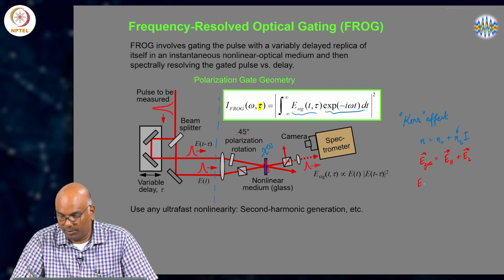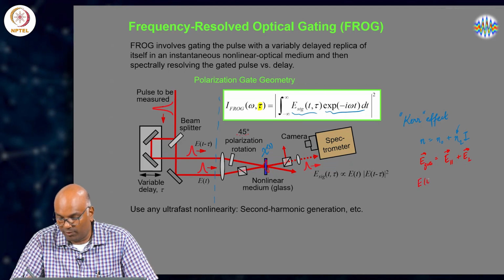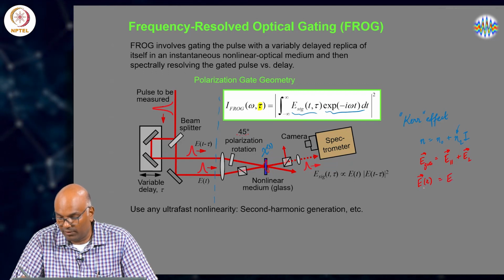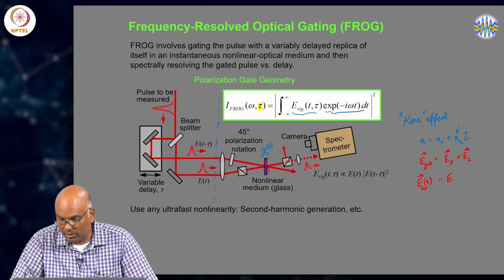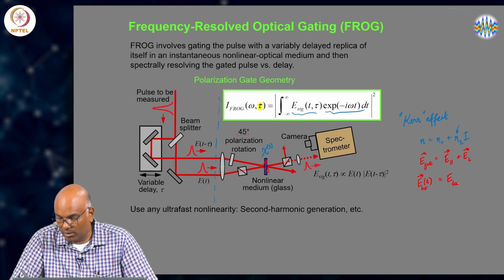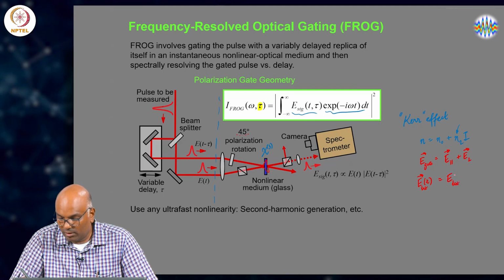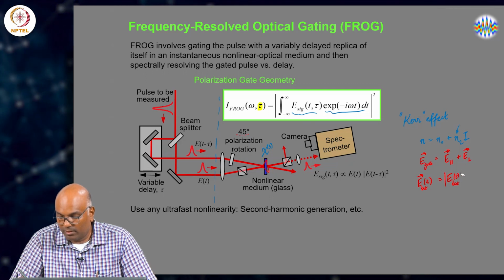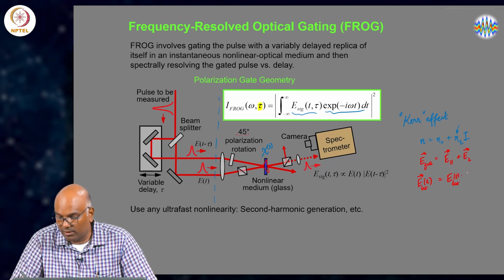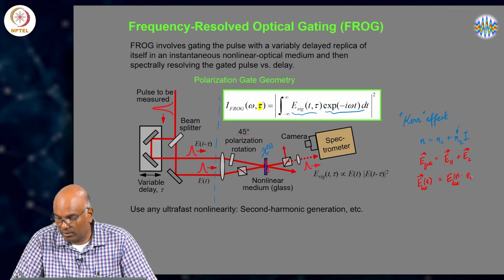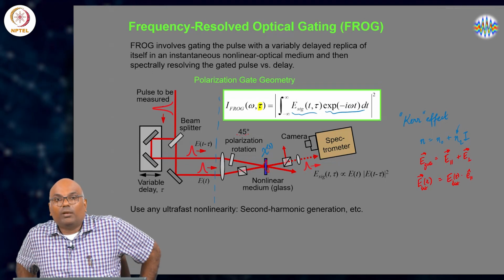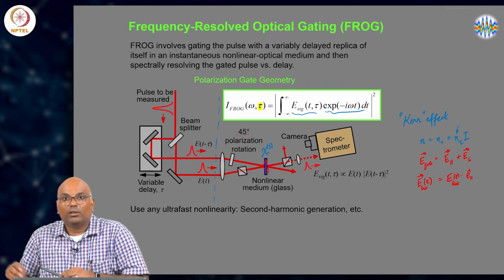Now, the test pulse or the unknown waveform, let us call this E test of t, is polarized about E parallel.